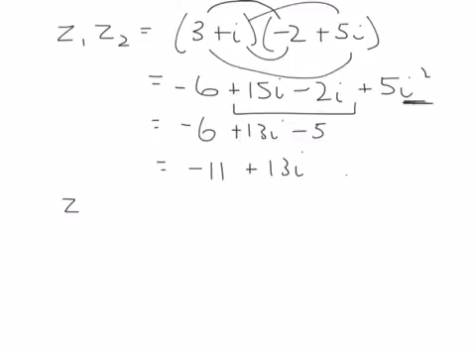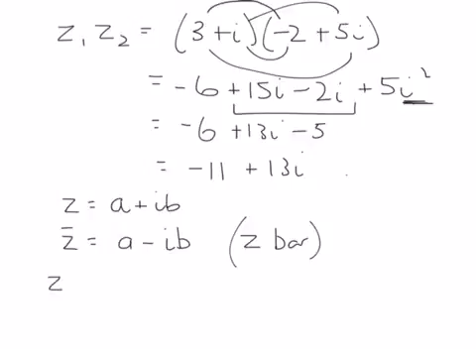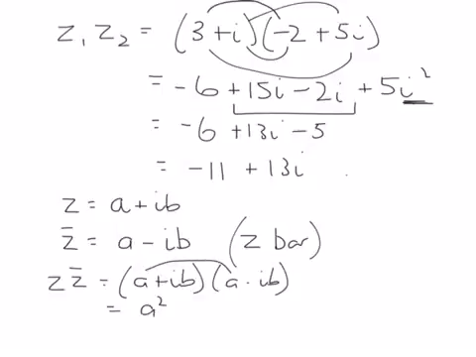Another thing we have, just like what we have with surds: if I've got z equals a plus ib, and that's a complex number, then the complex conjugate, which we call z bar, is a minus ib. And if I want to multiply z by z bar, so multiplying a plus ib by a minus ib, if I multiply the first two, I get a squared.